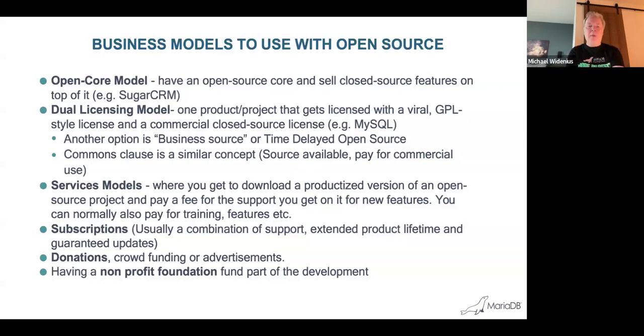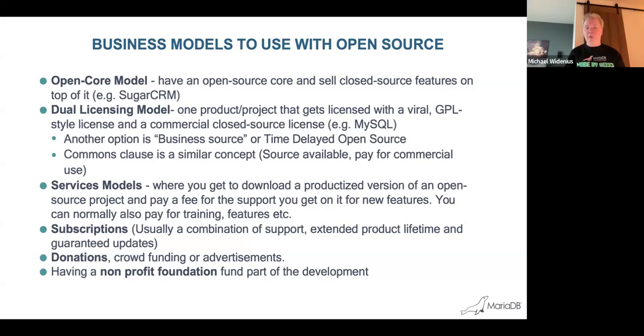So when we come to the business models, here's the most common business models that exist in open source, where open core is probably still the most common one. Dual licensing was something that was used by MySQL, and we were the first one who used it on GPL.